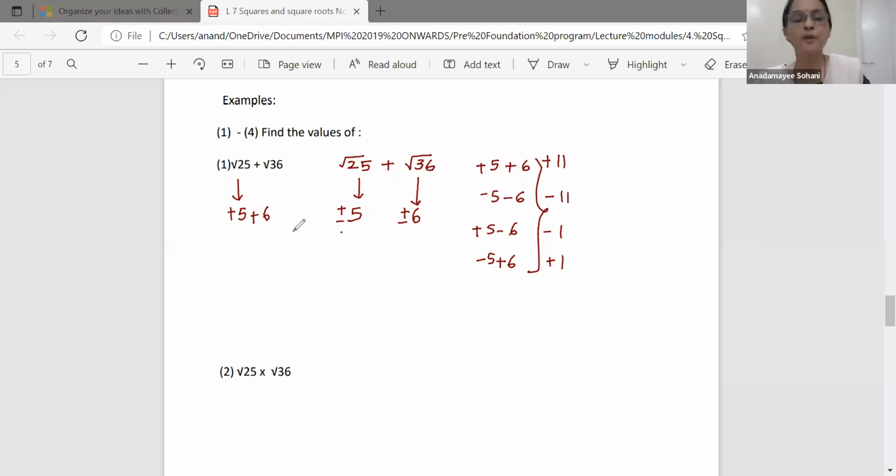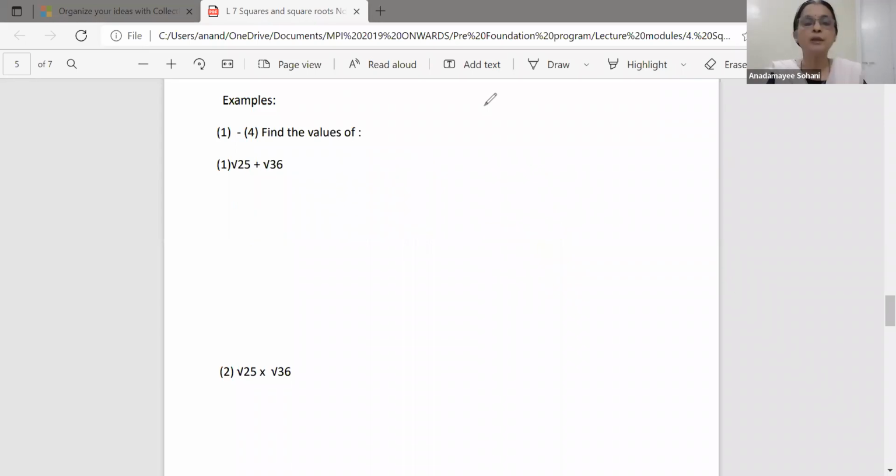But when it is not mentioned, we will take only the positive value, and so the only answer will be 11. If they say find multiple answers, then we can find 4 answers. At home, you can find all the possible answers, taking both the positive and negative values of the root.